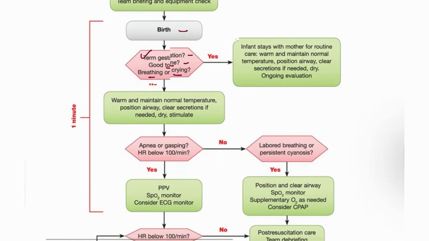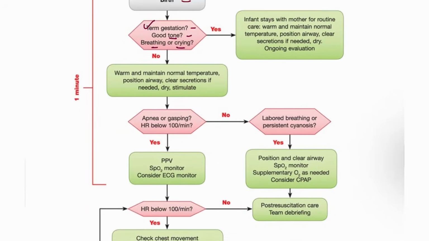Next, if you see any dysfunction, if the term is not good, if the tone is not good, or if there is a breathing problem, immediately warm up the baby, position the airway, clear the secretions as needed, and next dry and stimulate the baby. This is the first step, to be done in the first 1 minute.